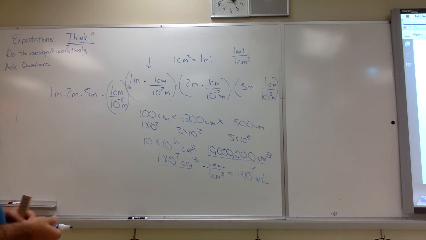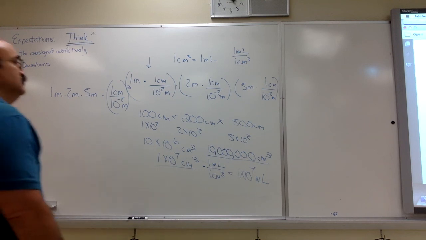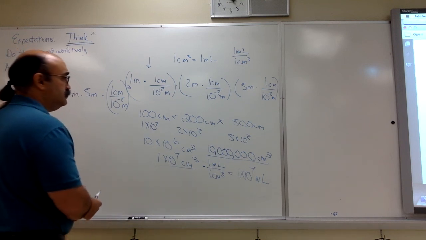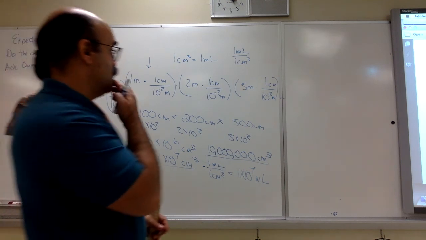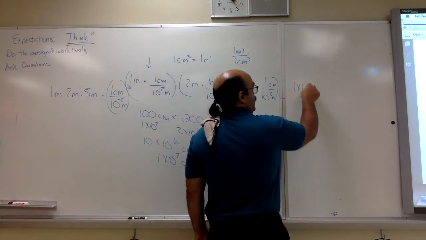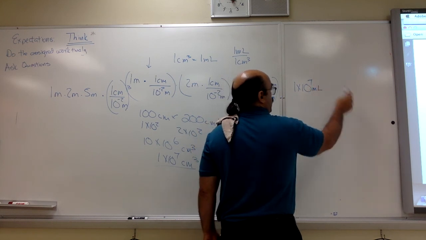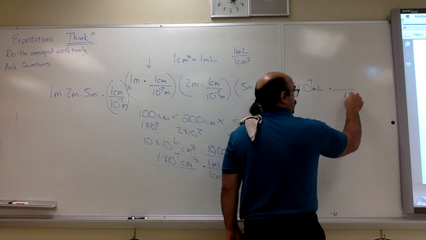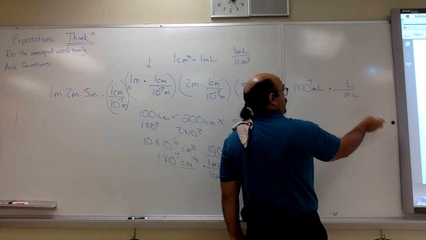Then I want to get to liters. That's my standard measure of volume. Well, I take that number, the 1 times 10 to the 7 milliliters, and I convert to liters. Milliliters in the denominator, liters on top.